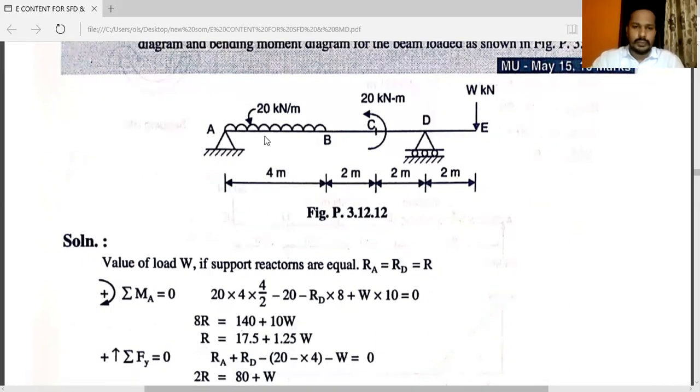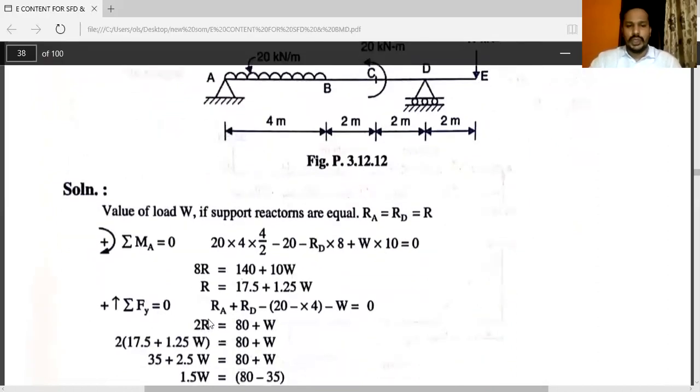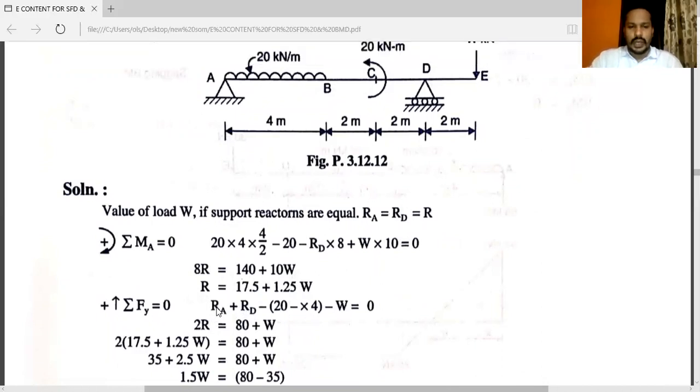Now the downward forces, 20 into 4, minus, you can see the W, minus W is equal to 0. Here again, you know that RA is equal to RD. So you have to put RA is equal to R, RD is also equal to R. So you will get 2R is equal to 80 plus W. Now here we have the value of R in terms of W.